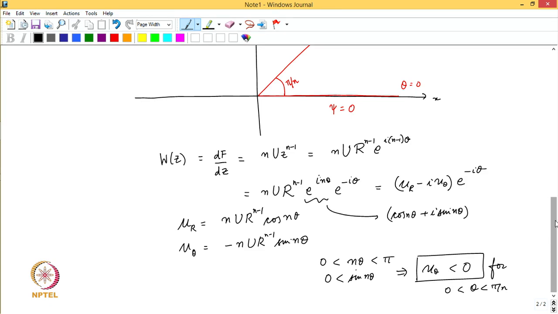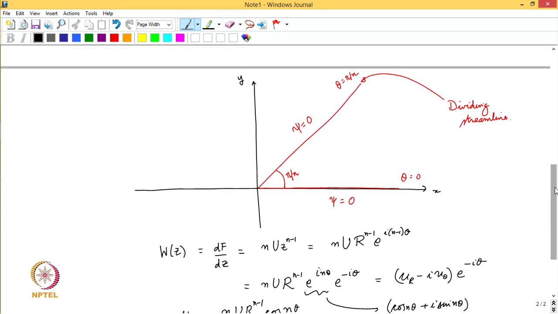More importantly, if I wanted to plot other psi values on the same plot, let me draw the bisector of this angle, as we will see very soon that there is symmetry about this bisector. So, this angle is pi by 2 n.